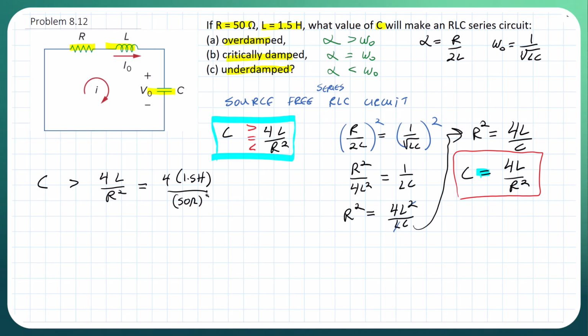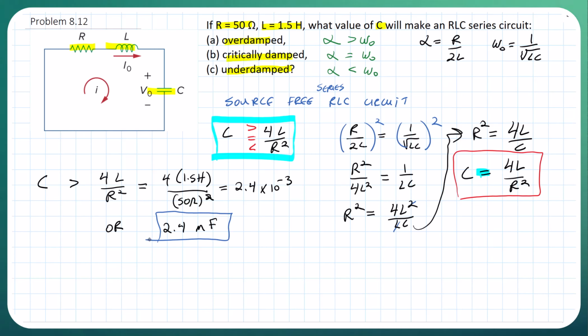We square that, and then we get 2500 in the denominator, and the result is 2.4 times 10 to the minus 3, or we can just say that is 2.4 millifarads. So that's going to be our key number here, 2.4 millifarads.